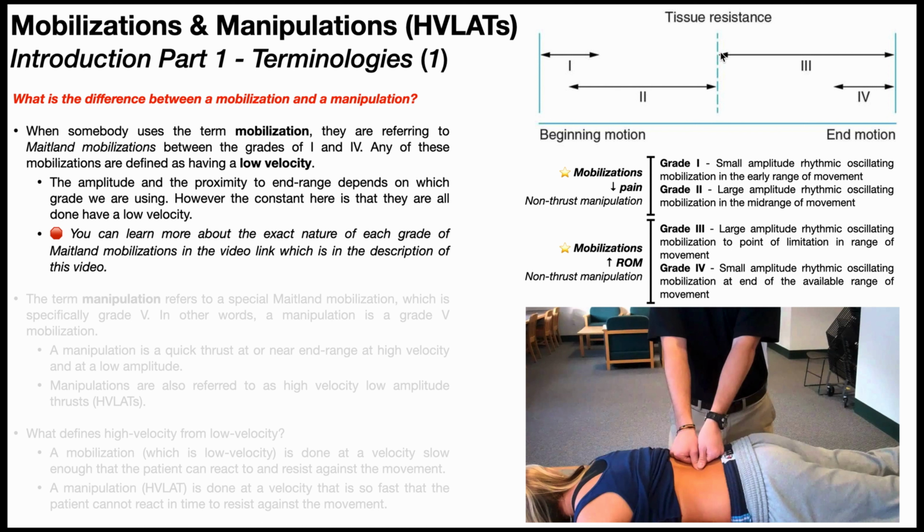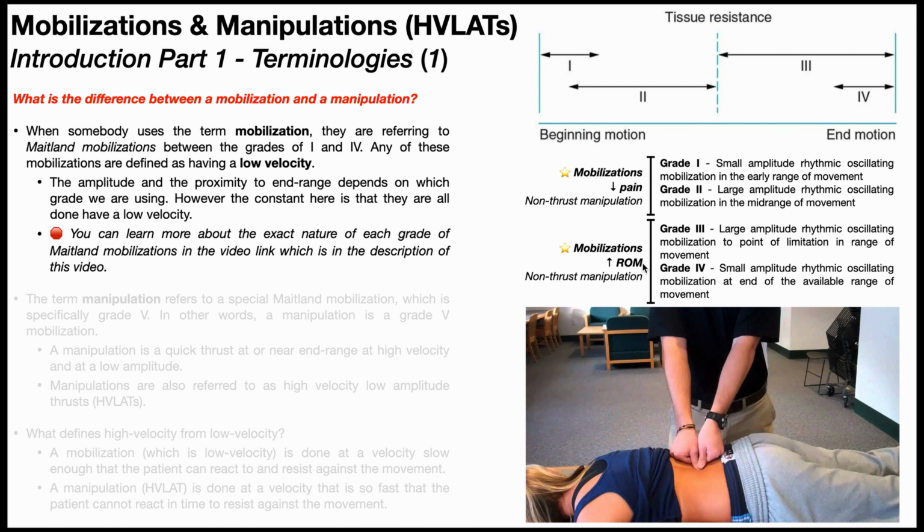Then grade 4 mobilizations are small amplitude rhythmic oscillating mobilizations at the end of available range of movement, right at the end range. Collectively, grades 3 and 4 are generally used to increase available range of motion.